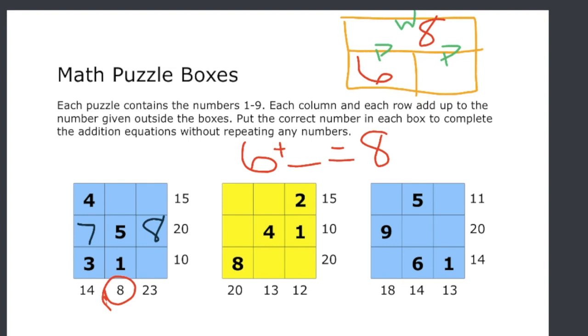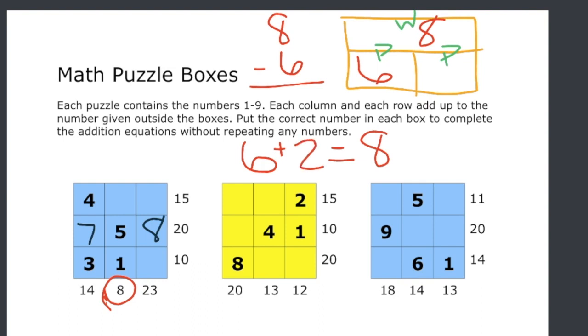If we have our whole and our part, we subtract. And how do we know that our whole is 8? Because our whole is always the total, and 8 is the total. So we have 8 minus 6, and you should have gotten the answer of 2.